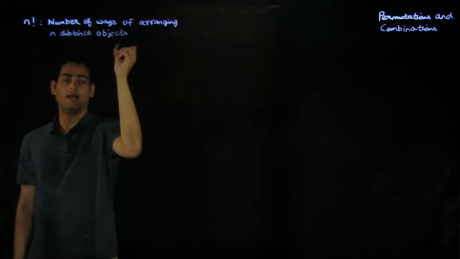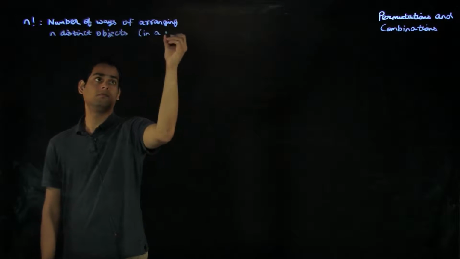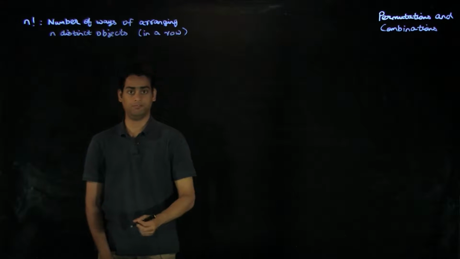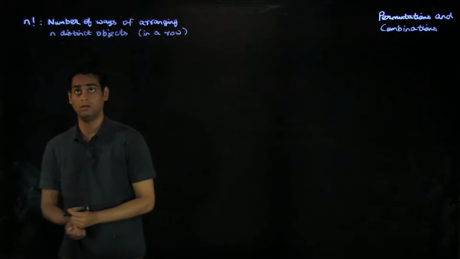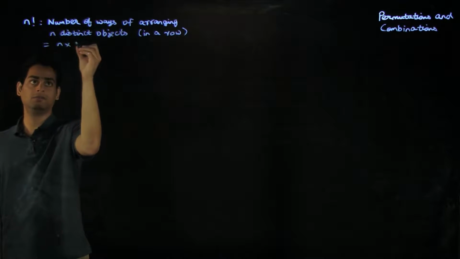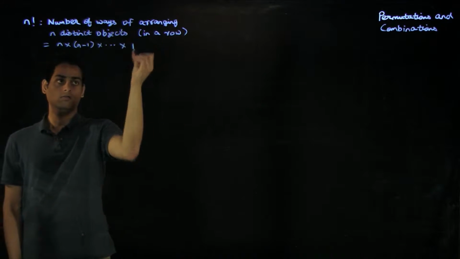And when we usually say arranging objects, we mean arranging in a row, as opposed to arranging objects in a circle and so on, which we will cover in our later lectures. So the definition of n factorial again was n times n minus 1 and so on till 1.